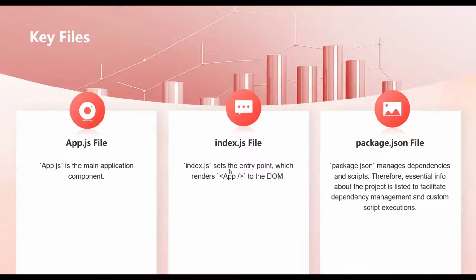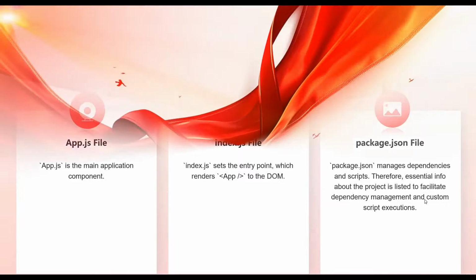Then index.js is the entry point which renders App to the DOM. I will create one application, and from there you can easily understand how these files get generated. Package.json manages the dependencies and the scripts. Essential info about the project is listed there to facilitate dependency management and custom script execution.